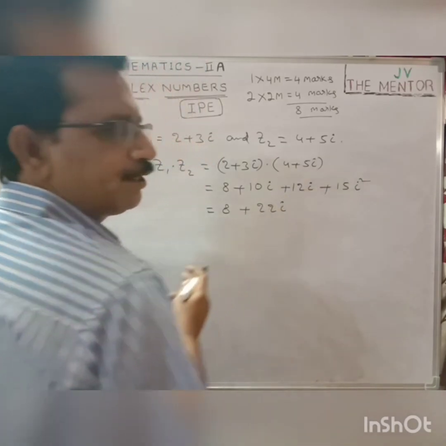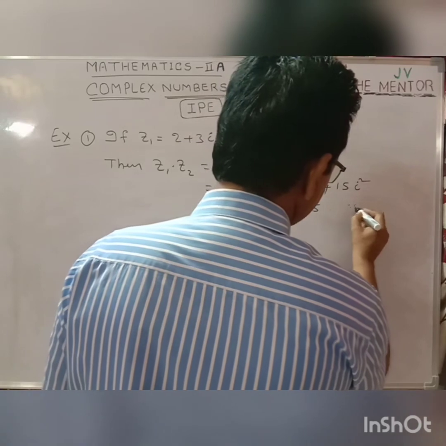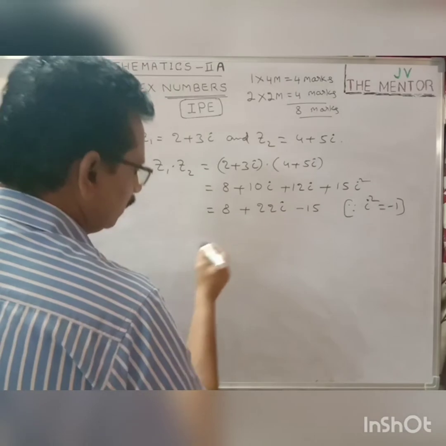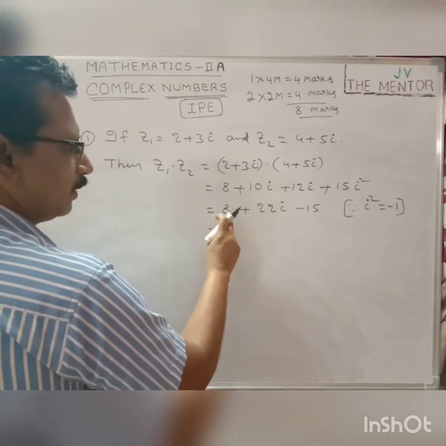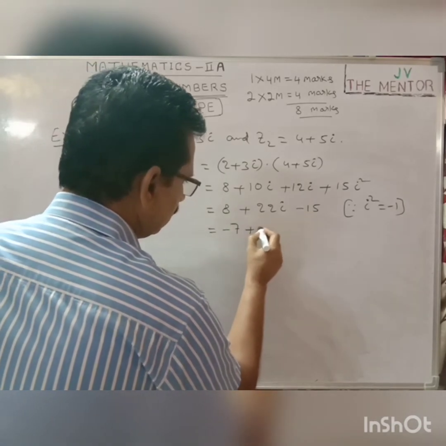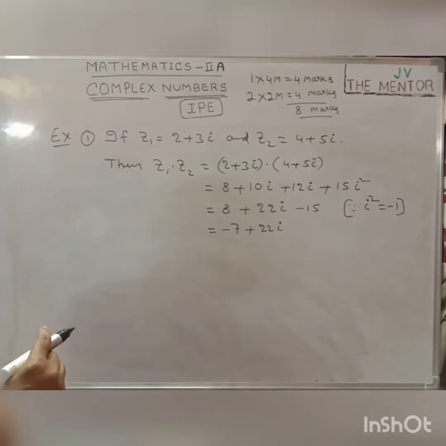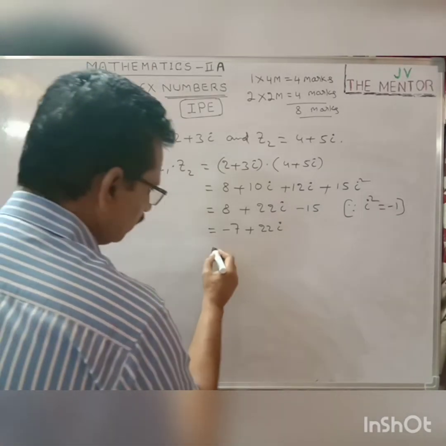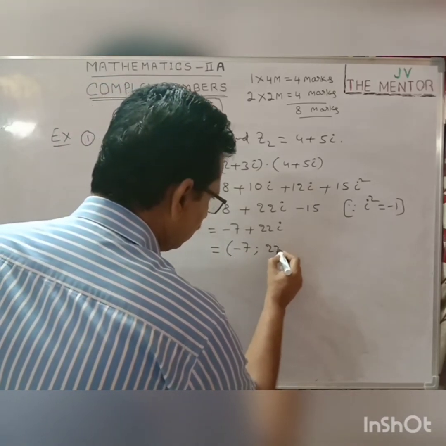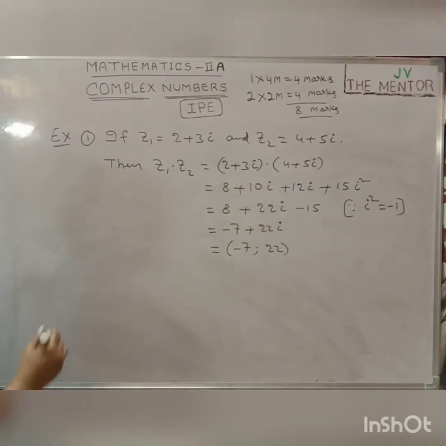So 15 into minus 1, minus 15, since I square equal to minus 1. Now this equal to 8 minus 15, that is minus 7 plus 22i. This is a plus ib form. In ordered pair form, this can be written as minus 7 comma 22.